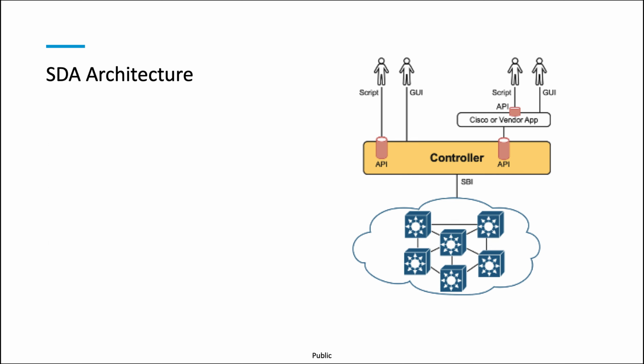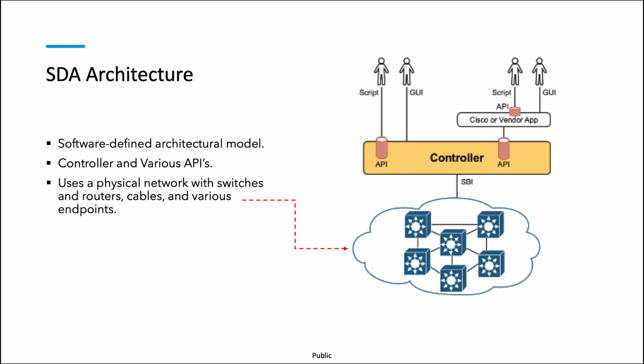Let's go ahead and look at the architecture of SDA. SDA uses software defined architectural model with controller and various APIs. It still uses the physical network with switches and routers, cables, and various endpoints.